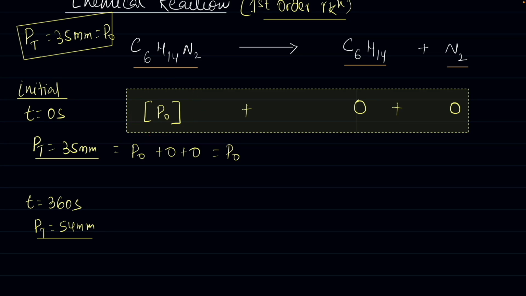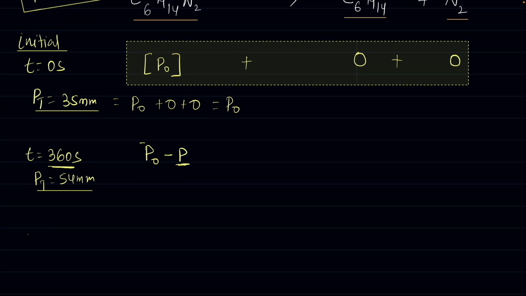So the new pressure of the reactant is P naught minus P. This P is with respect to the time 360 seconds. It will vary when the time changes. Suppose the next one is T equal to 720 seconds; at that time the pressure will be P dash. It will not be the same. So now the products are P and P, and here the products are P dash and P dash.